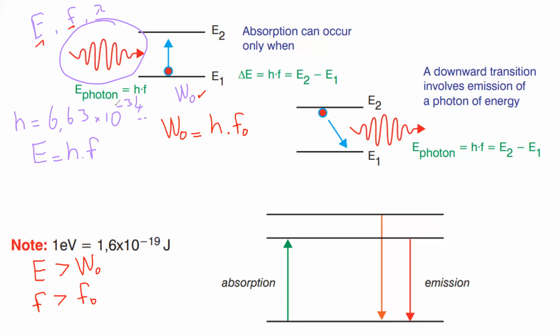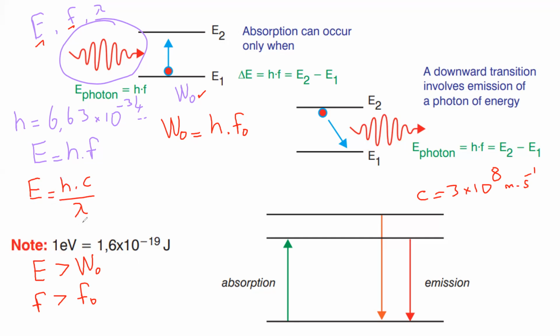Now, wavelength. Wavelength must be shorter than the threshold wavelength. Let's write the energy formula with wavelength, hc over lambda. What is c? Speed of light, c equals 3 times 10 to the power of 8 meters per second. So hc over lambda gives you the energy of the photon, where lambda is the wavelength of the photon.